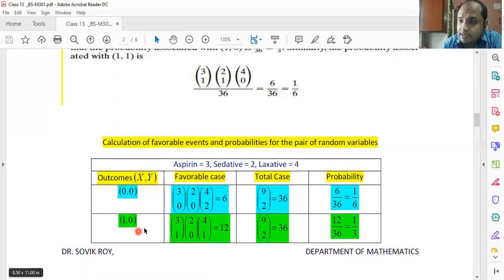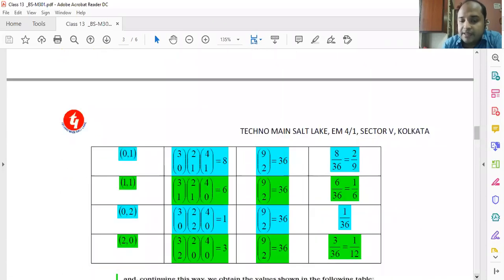The number of ways this choice can be made is 3C1, 1 from aspirin, no sedatives, so 2C0, and 1 laxative, that is 4C1. So the result is 12. And the probability is 12 by 36, that is 1 by 3. And similarly, all the other probabilities have been calculated here.